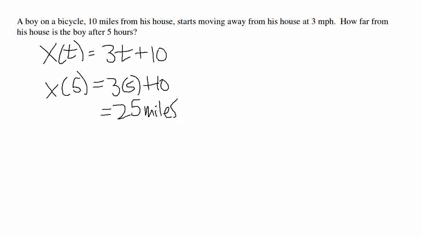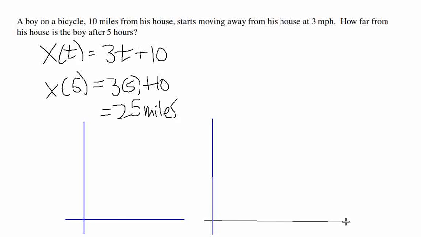Now let me make some plots. I want to plot x as a function of time and the velocity as a function of time. So we'll have x in units of miles, t in units of hours.